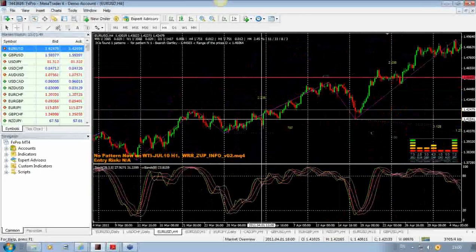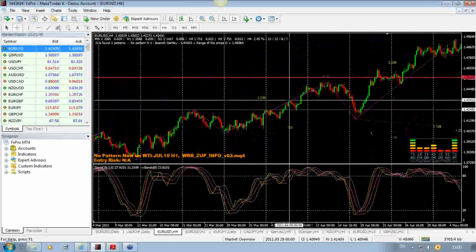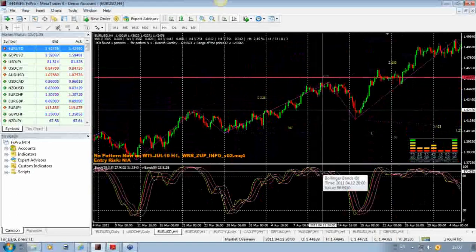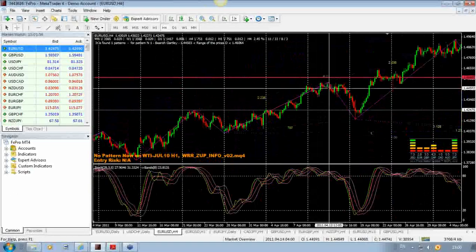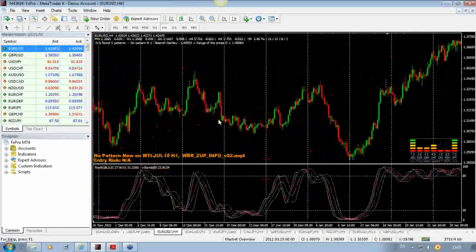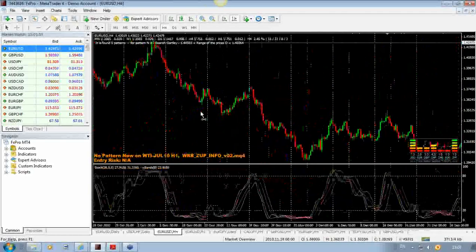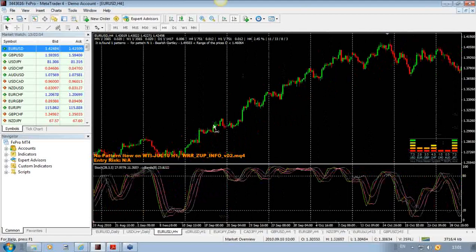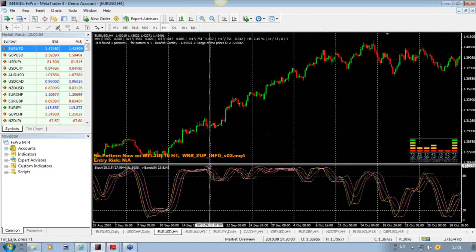Here the same, an up move with small moves. Then, well, it's not so tight, but still a good correction. Sometimes I just want to show you something clear. Pay attention to what happened here.